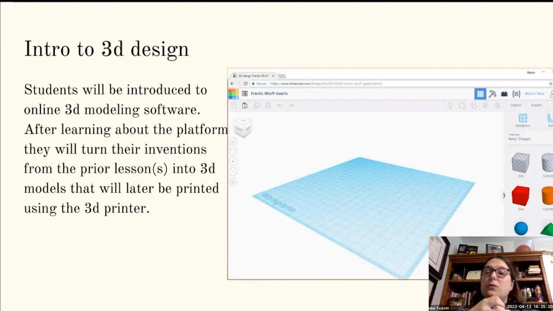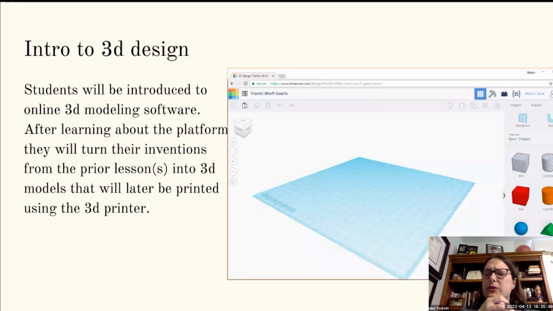What I did, I showed them the basics and had them play around with it first, because I felt like students might learn better if they just, as the name of the program is, tinker around with it. So I showed them basics, like here's how to place an item, here's how to combine items, and then had them just play around with it.